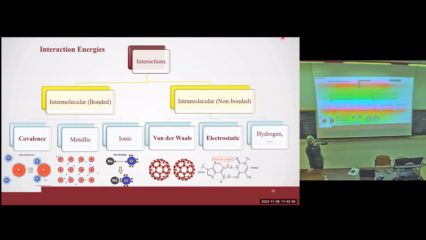Are any of them familiar to you? For example, do you know what covalent bonds are? Covalent bonds are when atoms share an electron cloud with each other, with some electrons. And the metallic bond, actually, it is not quite a bond.